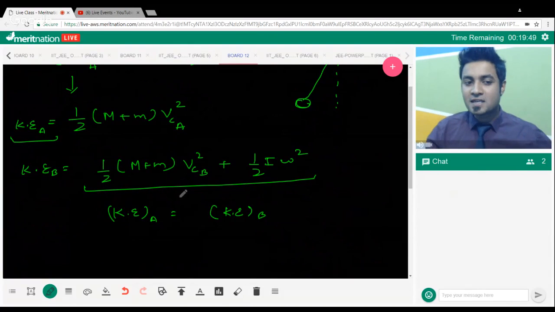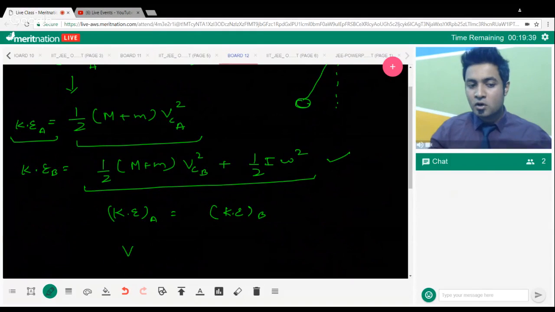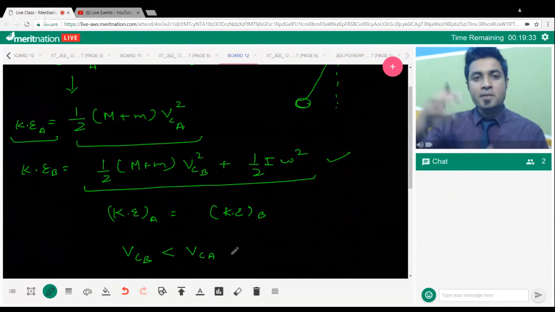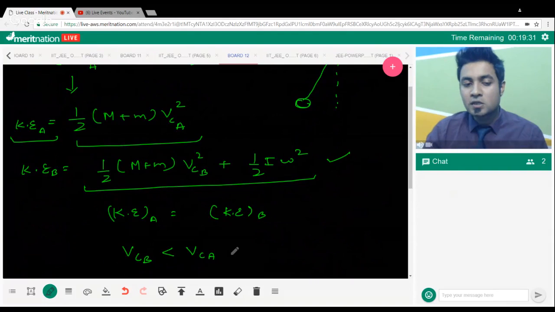Since these two energies are equal, and this B expression has an extra term, you can see that Vc of B has to be less than Vc of A, isn't it? Because if you make these two equations equal, the linear velocity in case B has to be less than the linear velocity in case A, right?